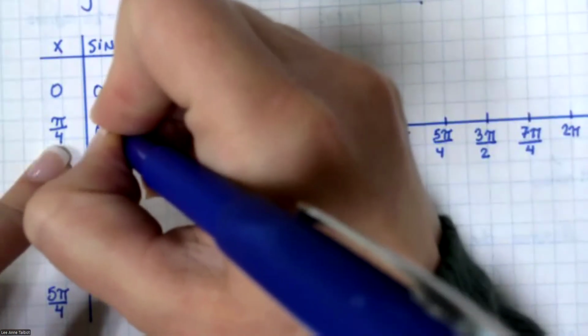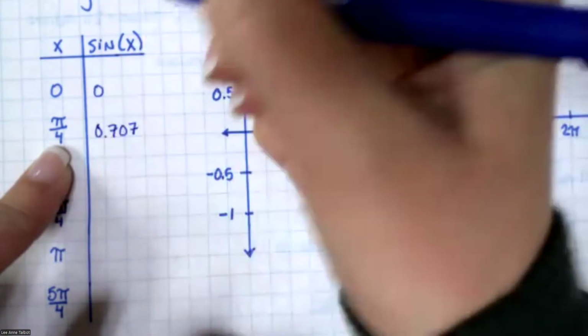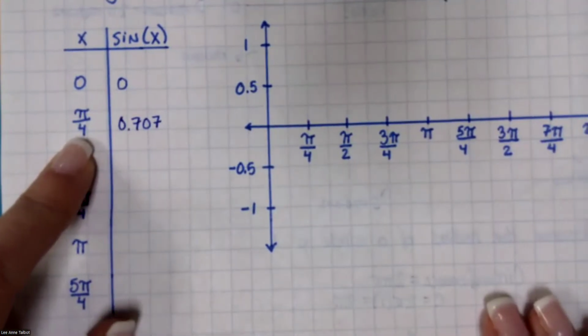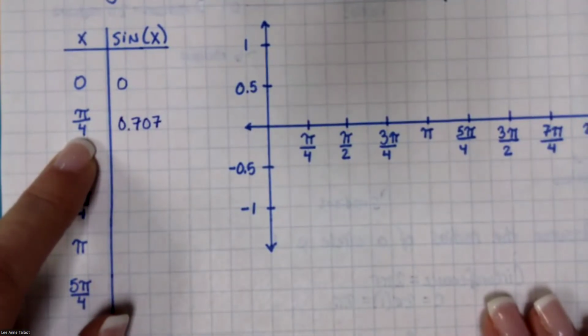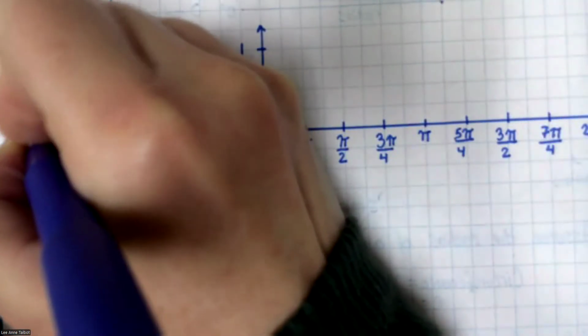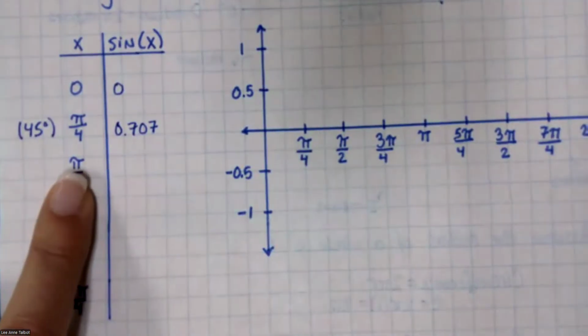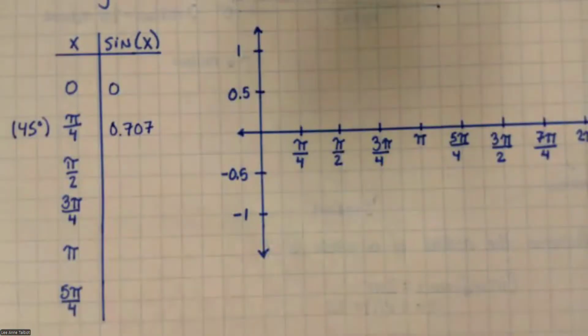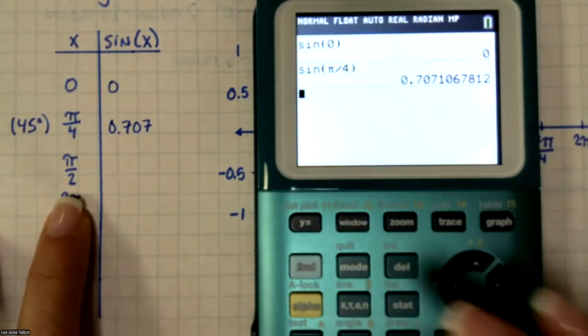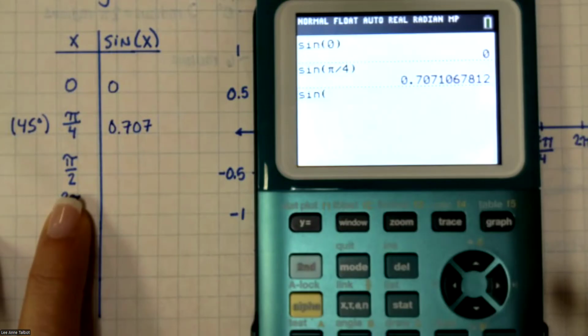So does anyone want to venture a guess as to what degrees pi over 4 is? 45, yeah. Okay, now do sine pi over 2, and then just keep going. Fill in your table.